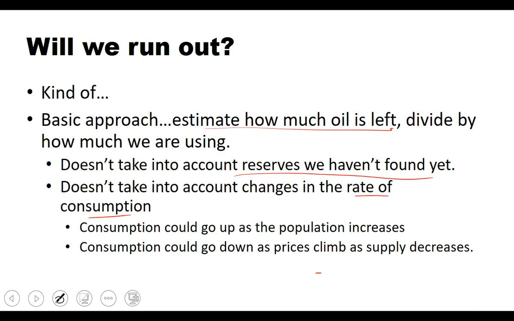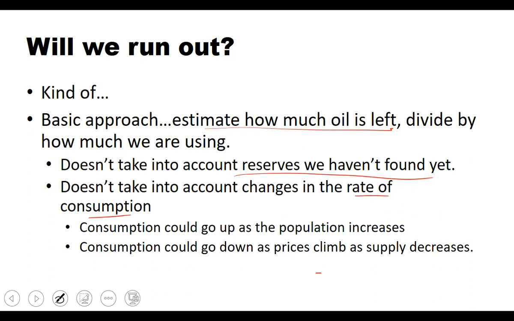The other side of it is that consumption could go down as the prices climb. If you know very much about supply and demand, as the supply of the product becomes limited, the price is going to go up, and as a result people might start using less because it's more expensive.